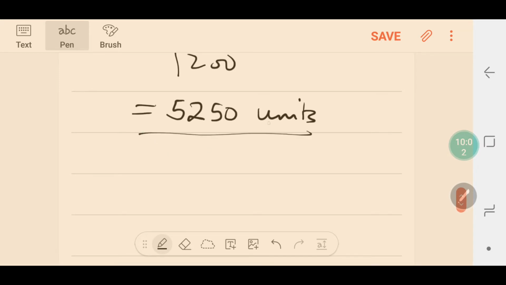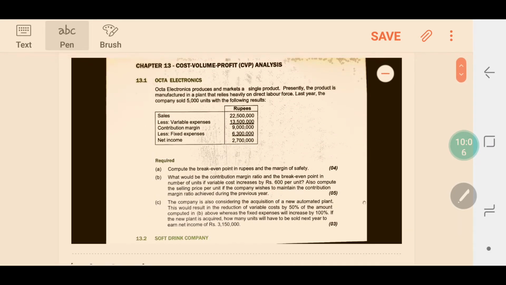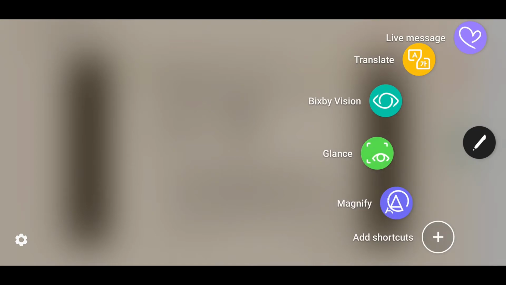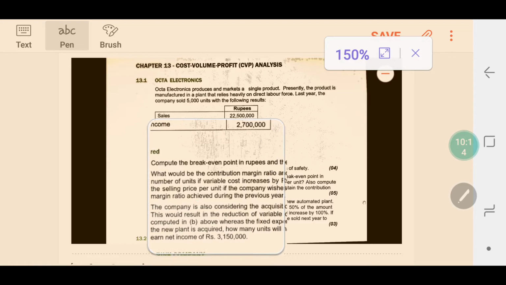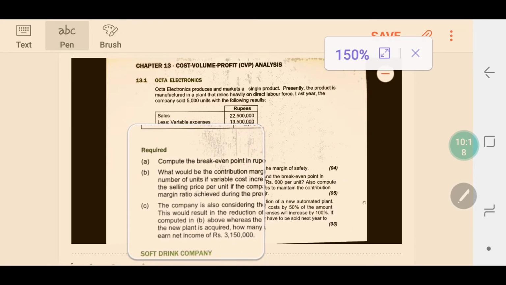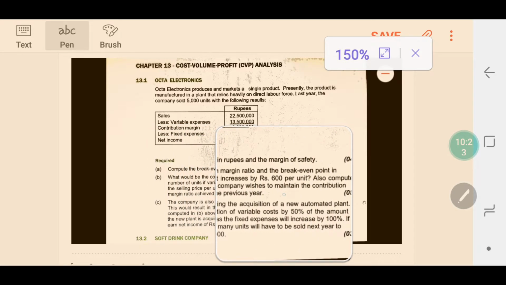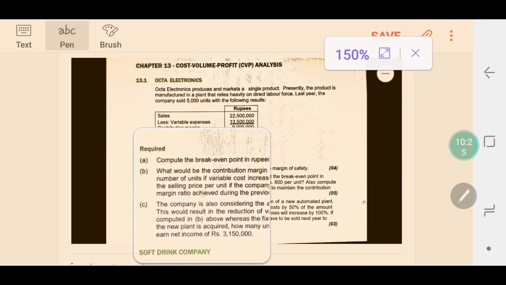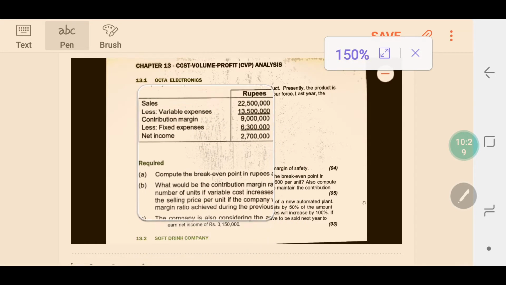Okay, another requirement in part B is that we are required to also compute the selling price per unit if the company wishes to maintain the contribution margin ratio achieved during the previous year.